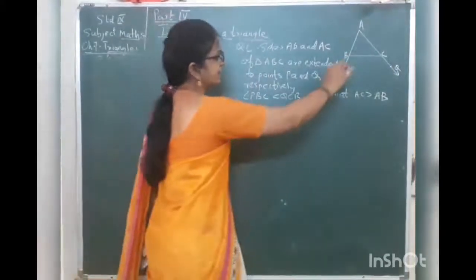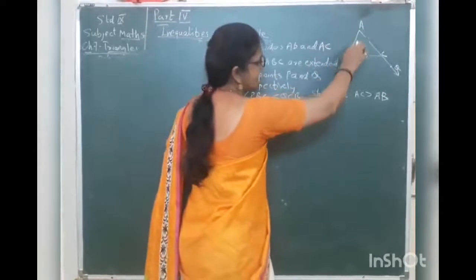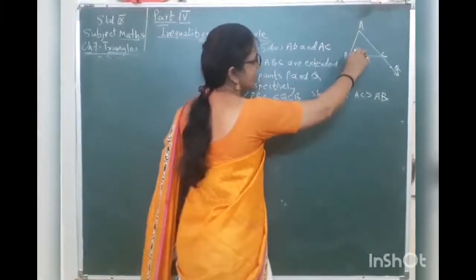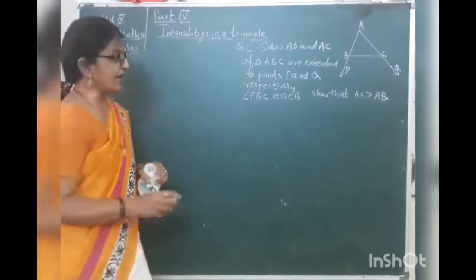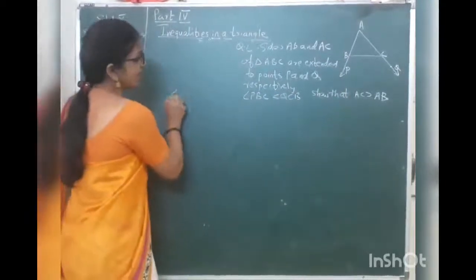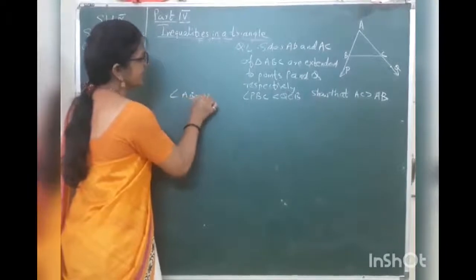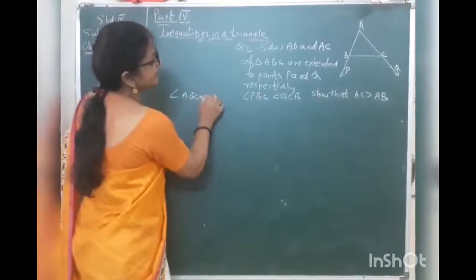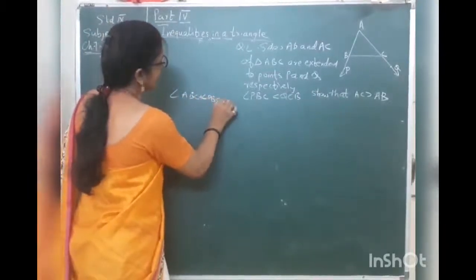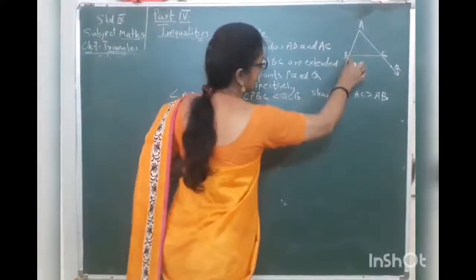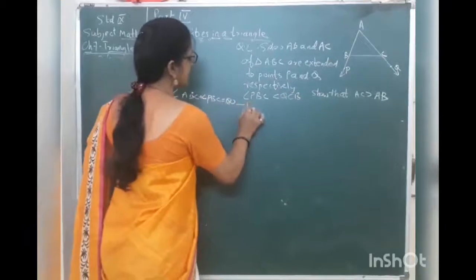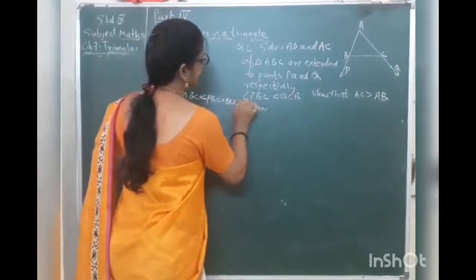As AB is extended to P, we know that the sum of the measures of these two angles is 180, as they form a linear pair. Therefore, angle ABC plus angle PBC is 180. The reason is linear pair of angles.